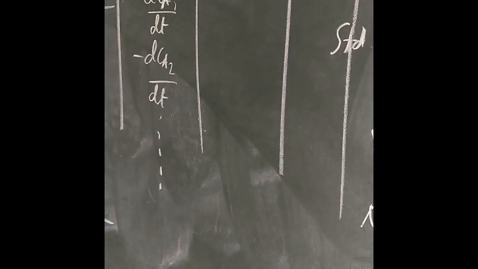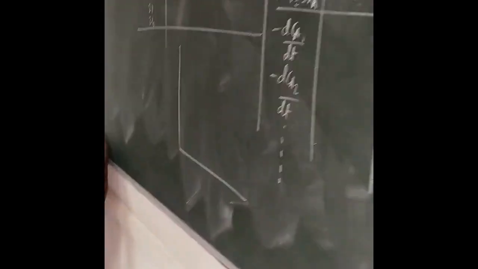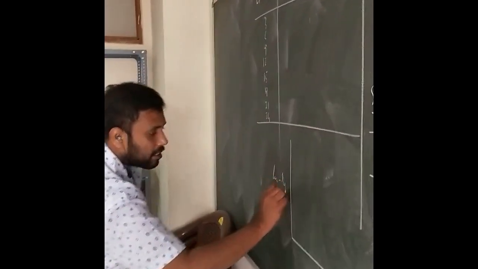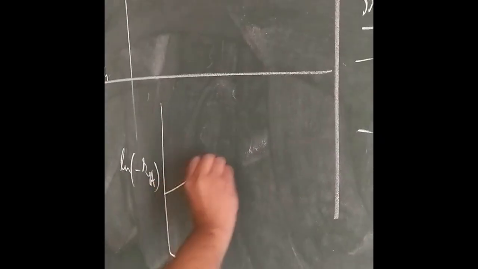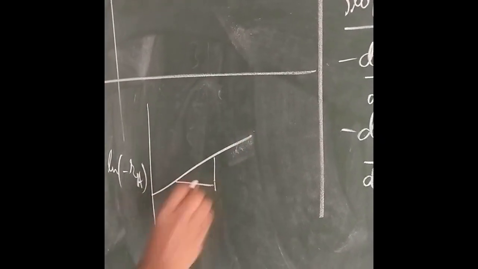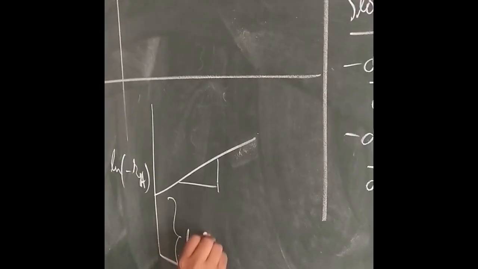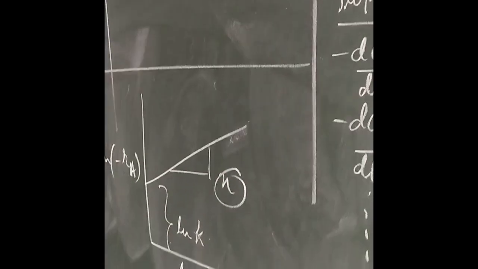After calculating these, we need to plot a graph of ln of minus RA versus ln of CA. We get a straight line with some intercept. The intercept will be equal to ln of k and the slope gives you the value of n.